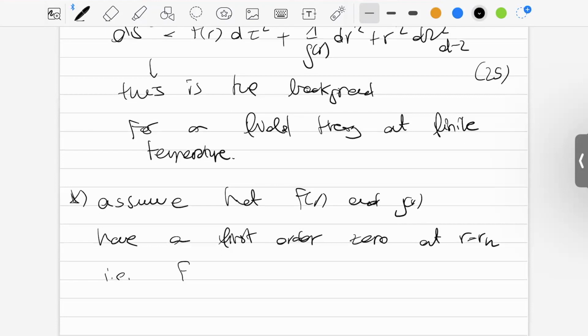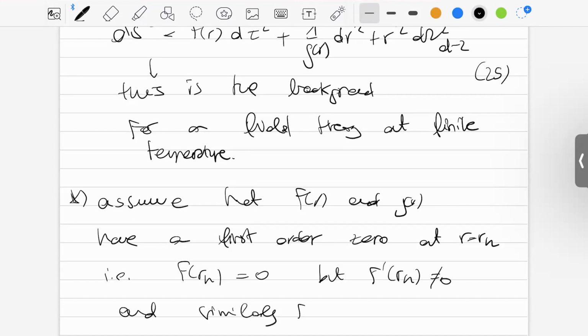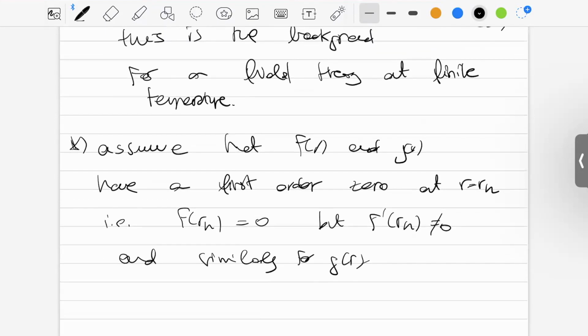So the function f vanishes when it is evaluated at r_h, but the first derivative does not vanish. And similarly for g. This is the case for the Schwarzschild metric, for example.